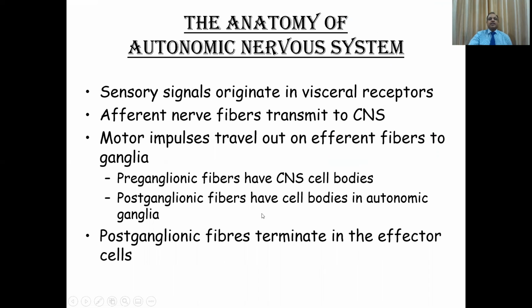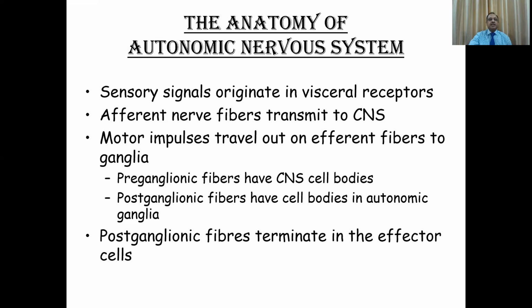Now let us come to the main part, the anatomy of our autonomic nervous system. Broadly, sensory signals originate in the visceral receptors. The afferent nerve fibers, which I have said are not well identified, go along with the sensory nerve. They transmit the impulses to the central nervous system.